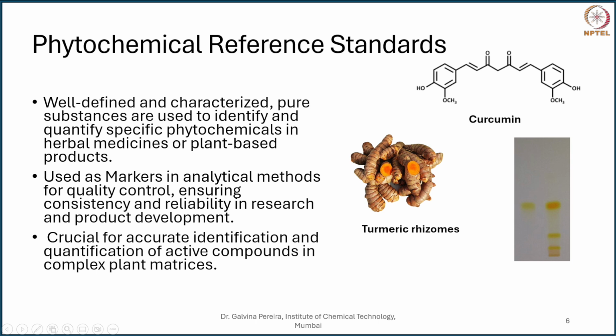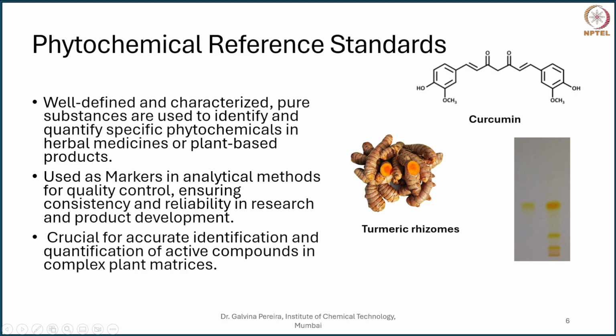So phytochemical reference standards are phytochemicals of known purity, and using them you can see how much phytochemical is there in your drug material, your herbal material, your formulations, or even herbal medicinal product. Once you compare, you know how much is the curcumin content of your plant, how much is the curcumin content of your formulation, and based on that you know whether it's going to be therapeutically efficacious, safe, and consistent.